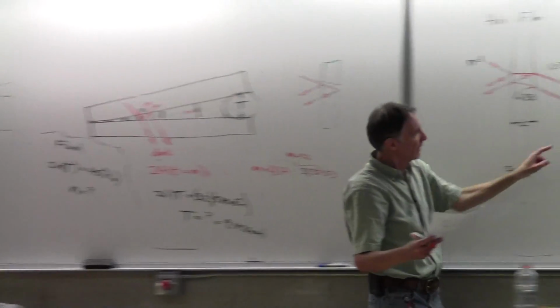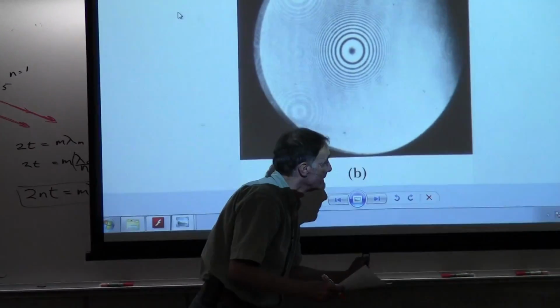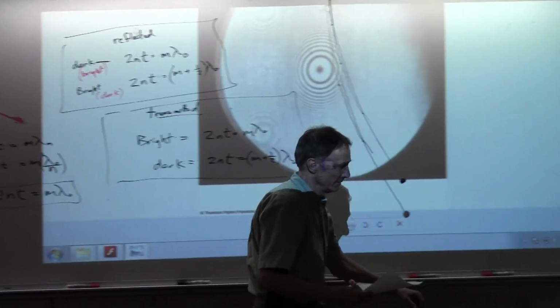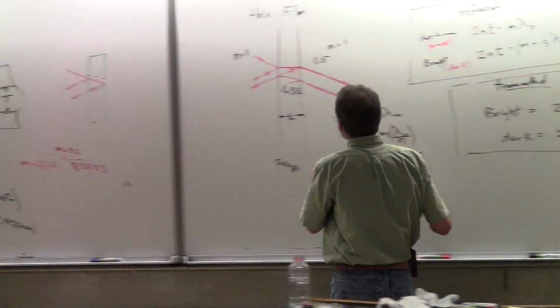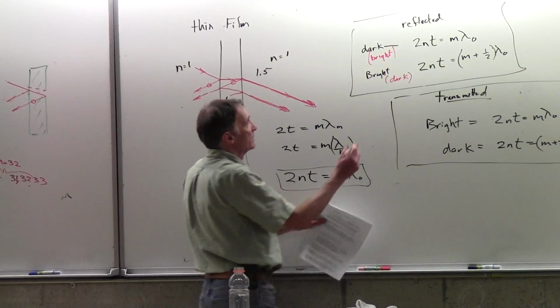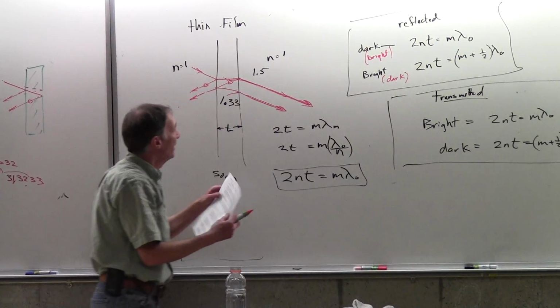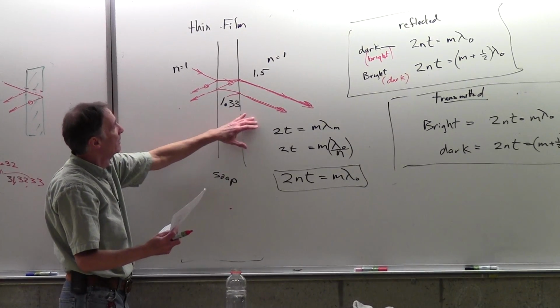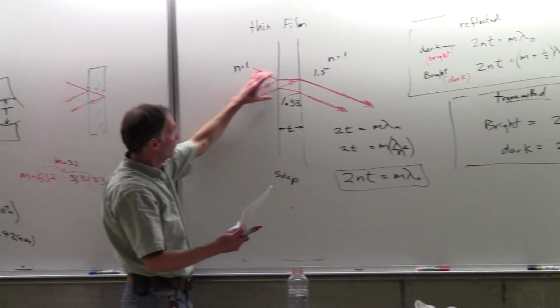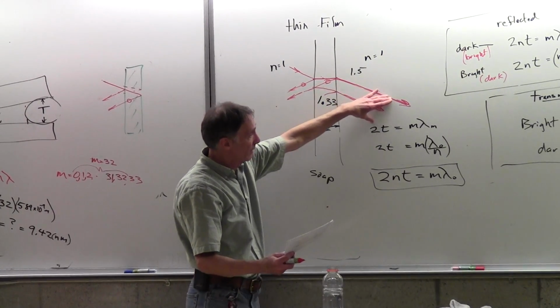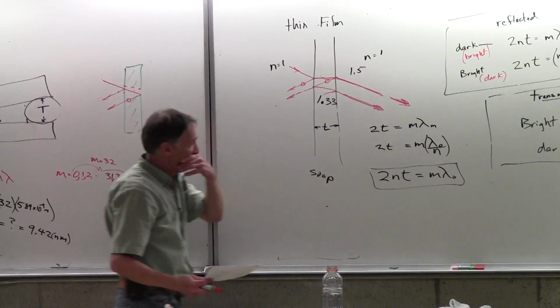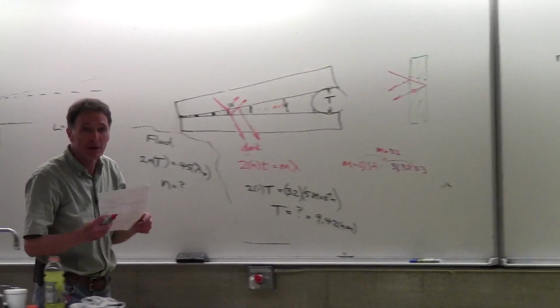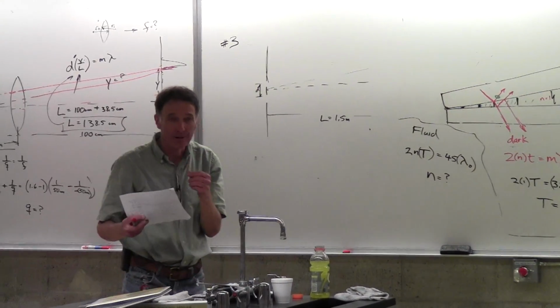That's one reason I wanted to take you through a bit of that here. When we've got something here, whether it's a bright or a dark depends on whether we're dealing with reflected light or transmitted light. The distinction between the two. And you do want to be careful with how it's asked.